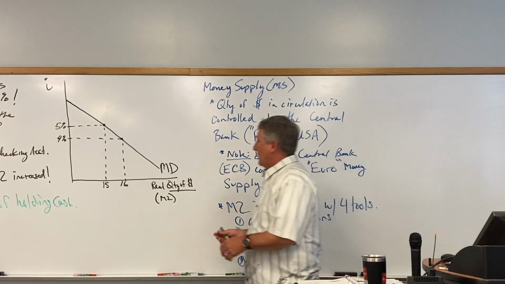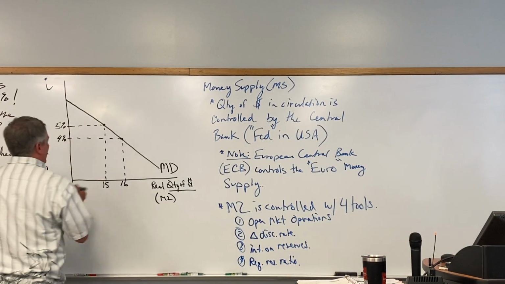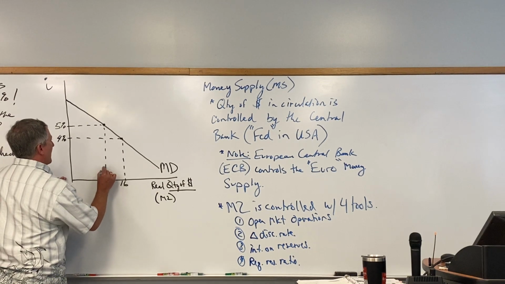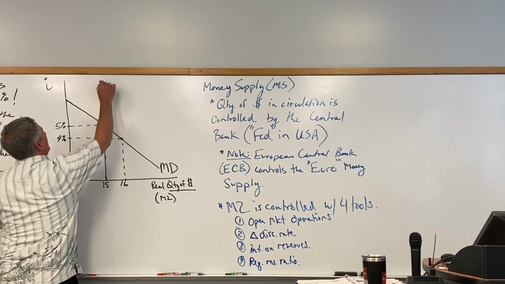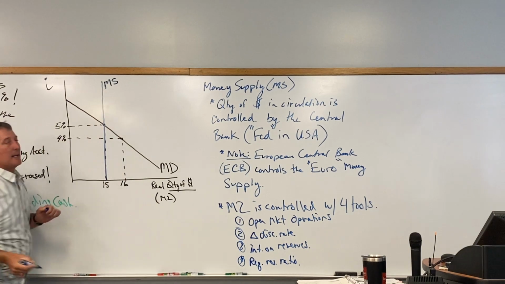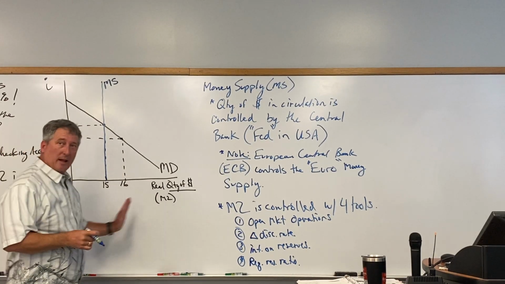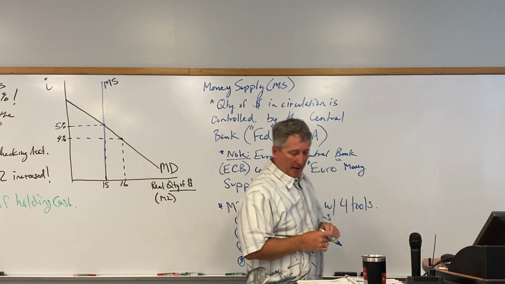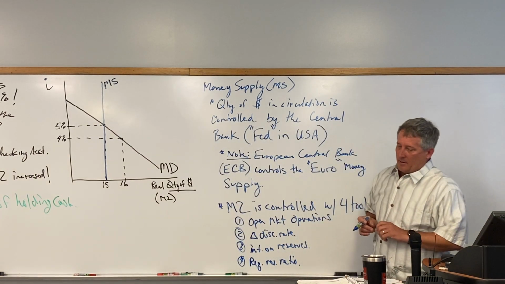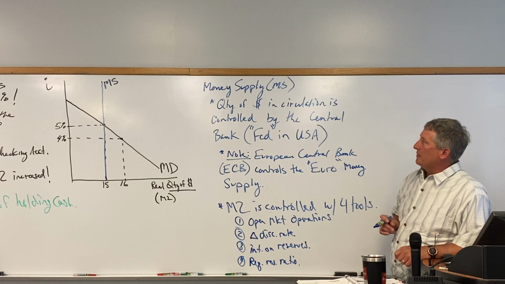So here's their tools, and so that gives us a money supply curve that we model as vertical because they're choosing what level to do. So we've got a vertical money supply curve.